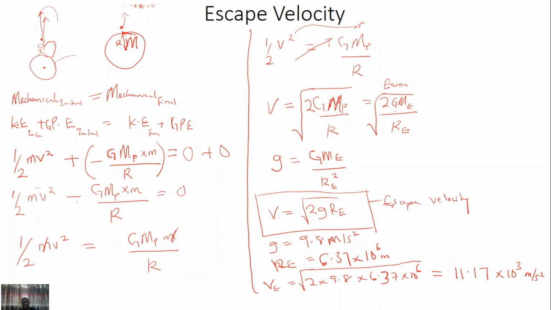So this is the escape velocity from the surface of the Earth, meaning that for a body to move beyond the influence of the gravitational field of the Earth, the body must be thrown with an initial velocity of 11.17 times 10 raised to power 3 meters per second, which is otherwise equal to 11.17 kilometers per second. Okay.